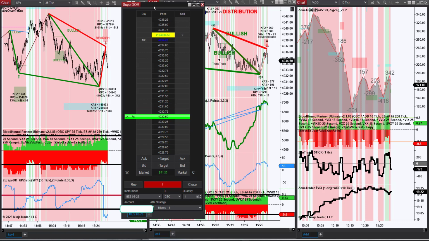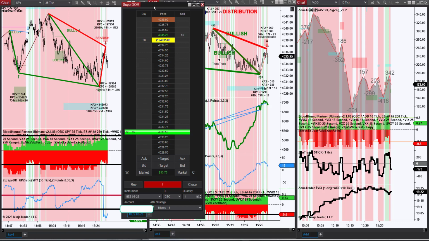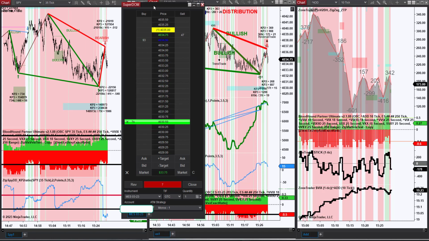That's probably going to go further than 40.30 because of all the buyers that are trapped between 40.33 and 40.35. If it takes it down to 40.30, they're going to be getting stopped out.